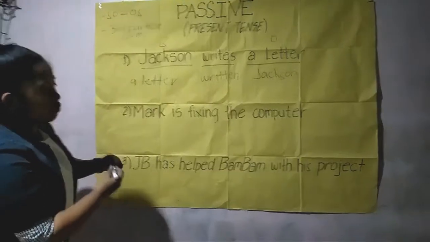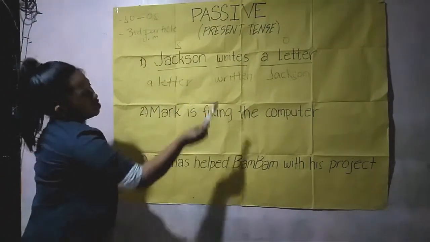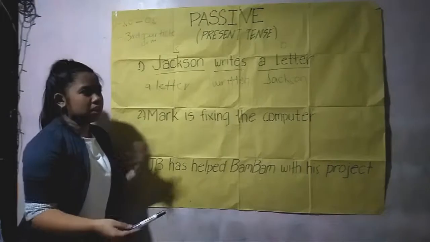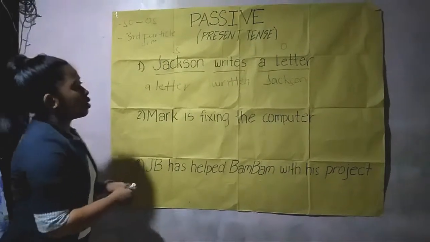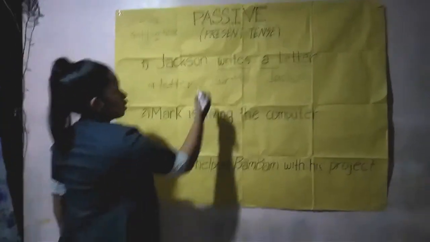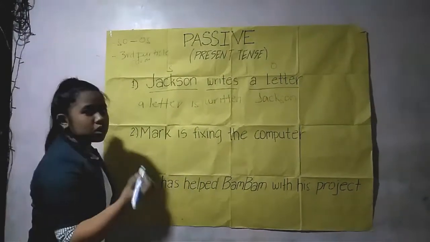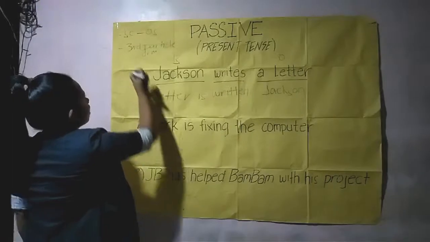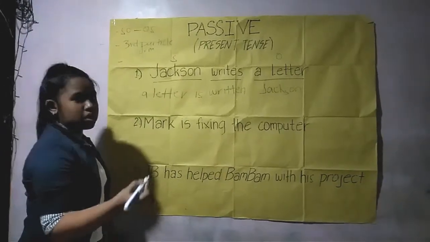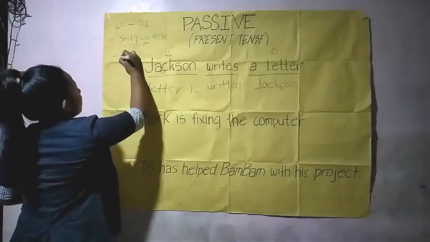So, if we read this, a letter written Jackson, it doesn't mean anything, right? So, we will put an auxiliary verb, or a helping verb, which is also a key to achieve a passive voice.